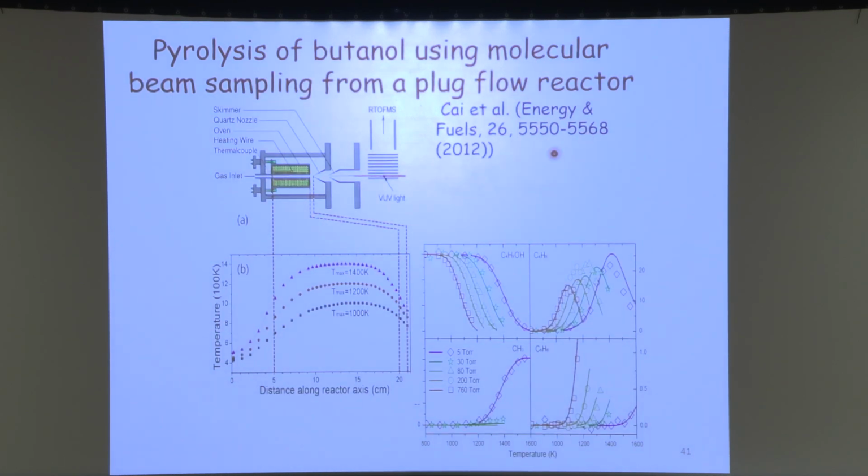Here's a more recent paper on how to measure what happens in pyrolysis. This is like product measurements. So here you squirt in your gas, in this case it's butanol, and you go through a heater, a furnace, and the gas is cold coming in and suddenly becomes very hot, and it pyrolyzes.